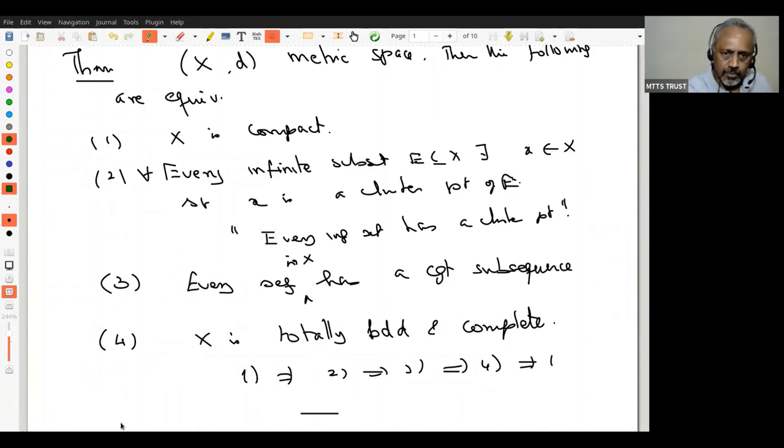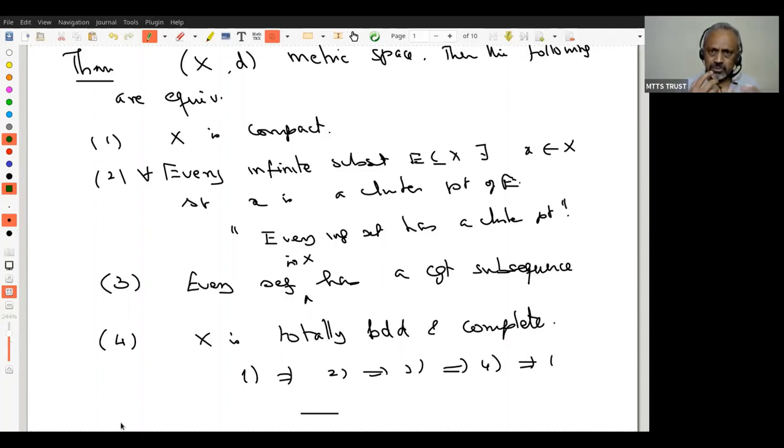Now we have proved all these four conditions are equivalent for a metric space to be compact. Good, very good. Now, as I said, the first characterization is typical of general topology. Many people are fond of that. But as I said, analysis always means estimates.